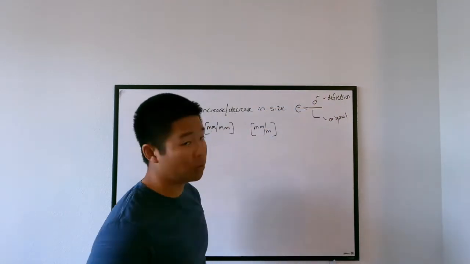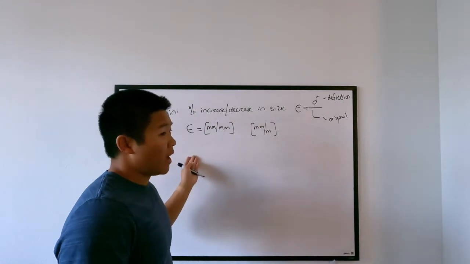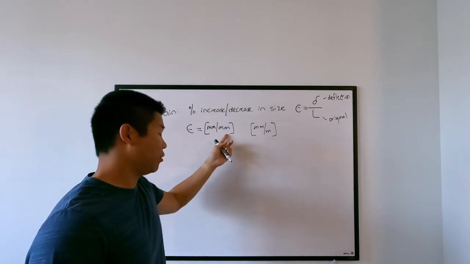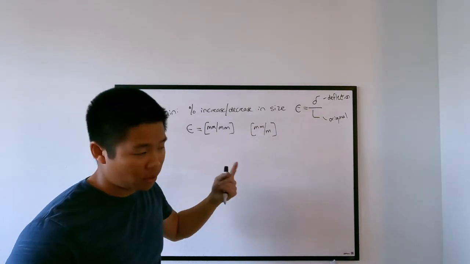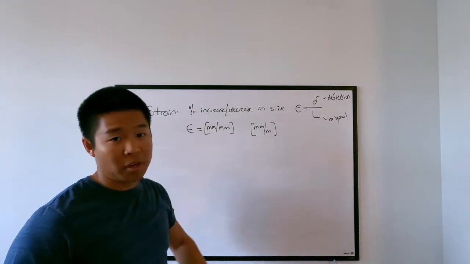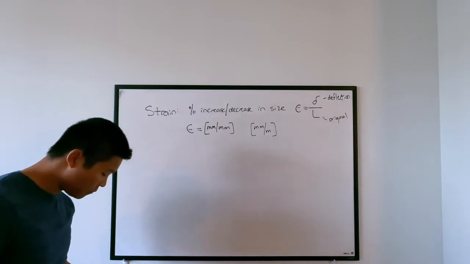So you'll see sometimes the units like this. If you see an epsilon without any units after it, you can assume that it's either millimeters over millimeters or meters over meters. They're the same thing because they turn out to be 1. If it is millimeters over meters, it will tell you after it gives you the unit, okay?